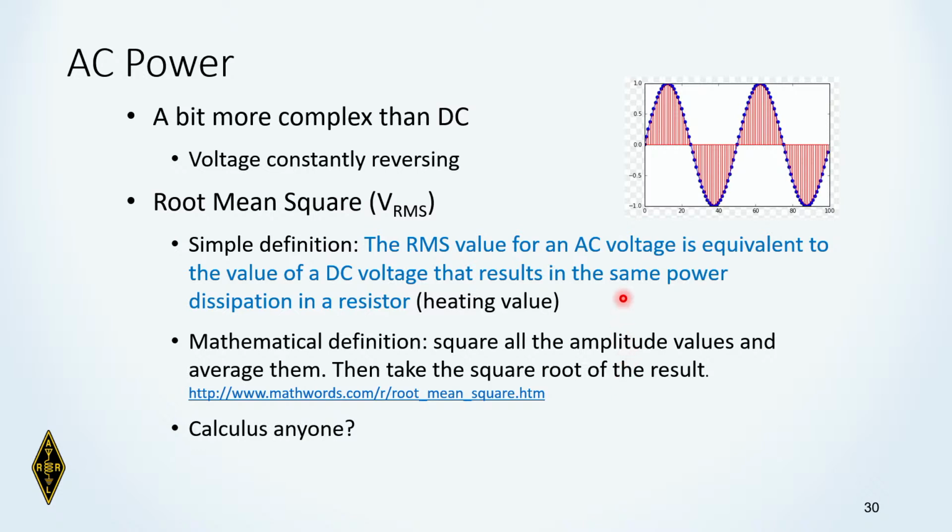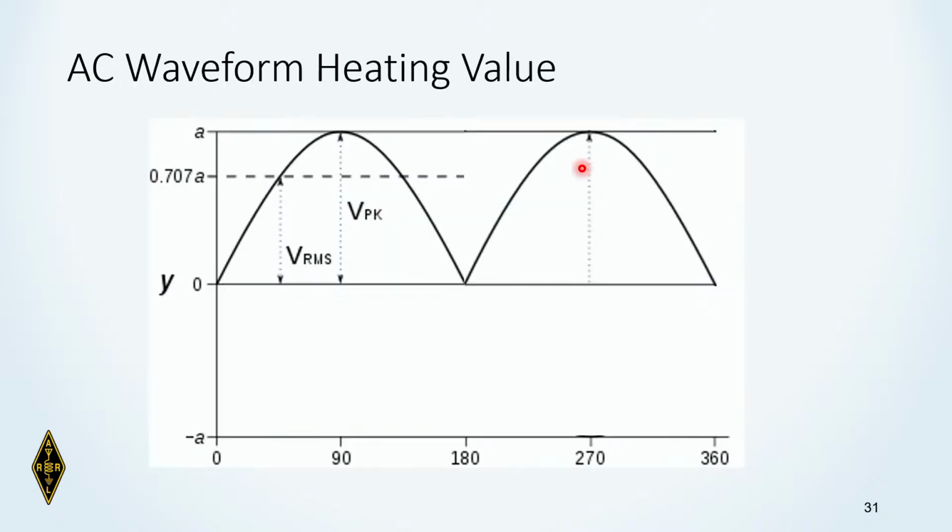Nobody in their right mind would ever want to do that manually. But AC ammeters are calibrated so that they will actually provide a true RMS reading, or an average RMS reading if it's a cheaper multimeter. So you can see that it's a bit more complicated.